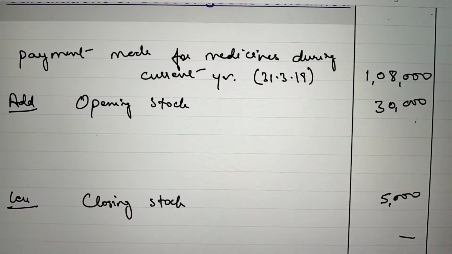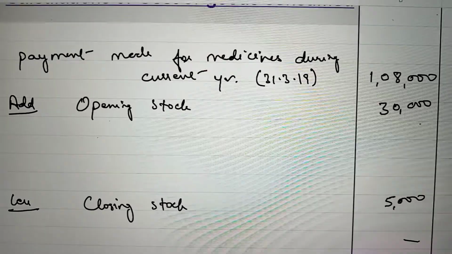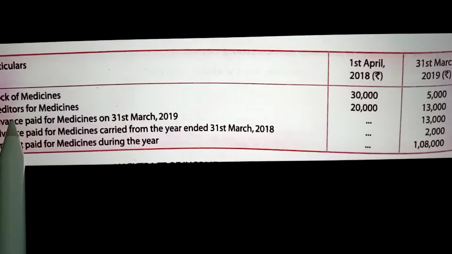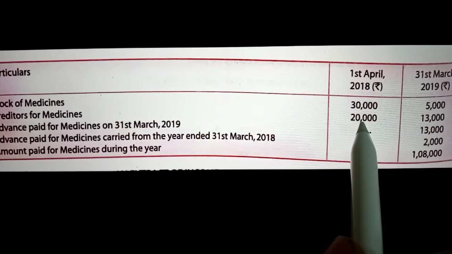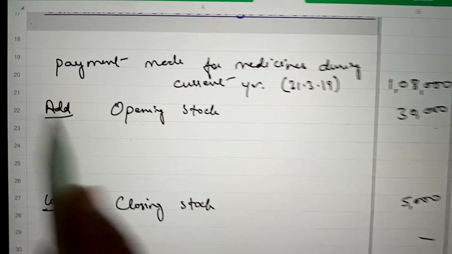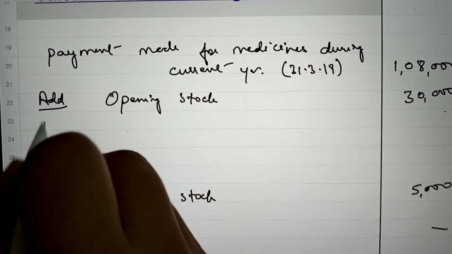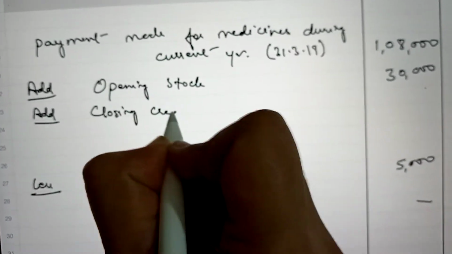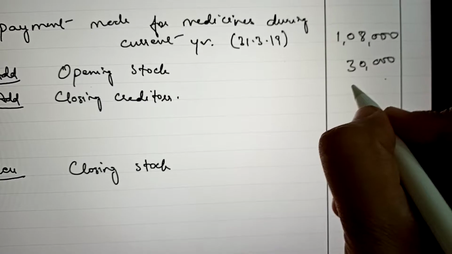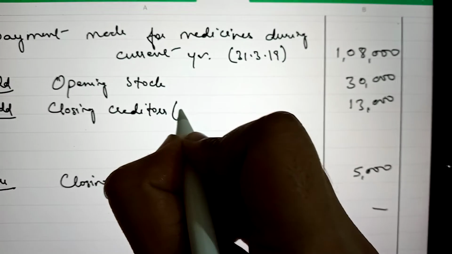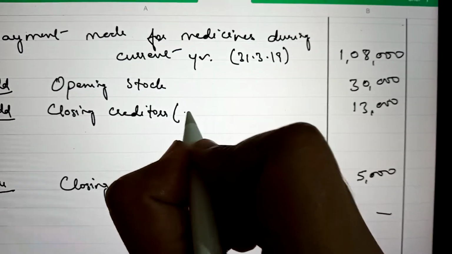So next adjustment is given. Creditors for medicines, opening 20,000 and closing is 13,000. So we will add closing creditors, that is 13,000, because the amount is yet to be paid.